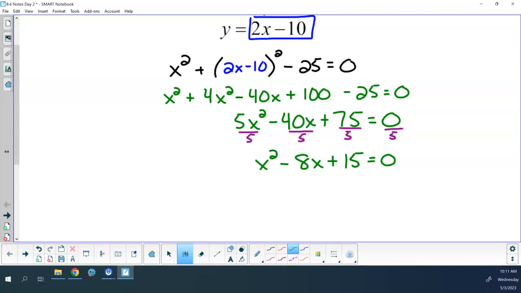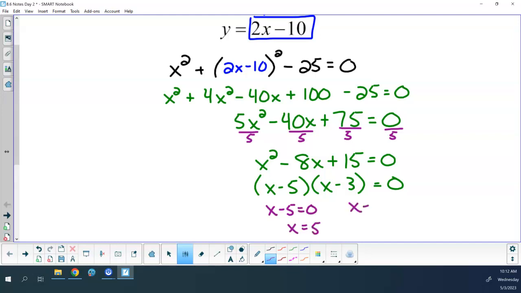That now is wonderfully factorable. (x minus 5)(x minus 3). Two numbers that multiply together to be positive 15 and add to be negative 8. So then, x minus 5 equals 0, so x is equal to 5. x minus 3 is equal to 0, so x is equal to 3.